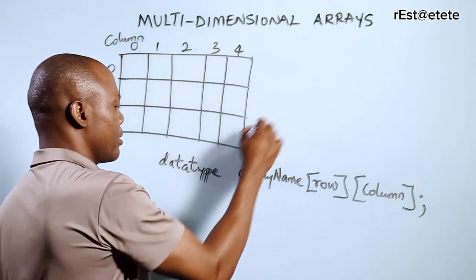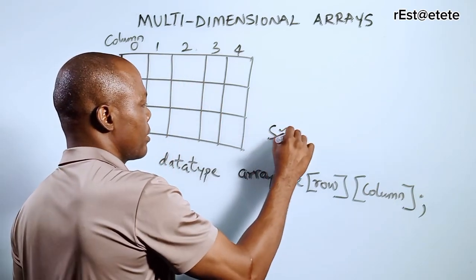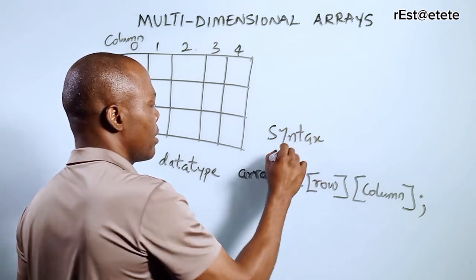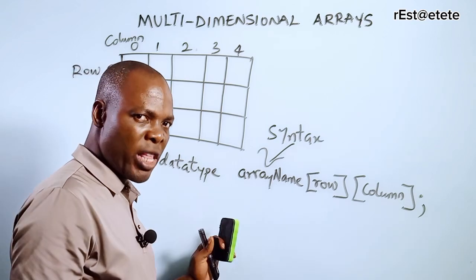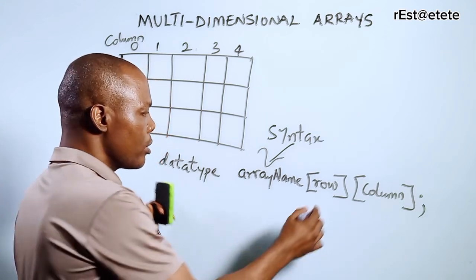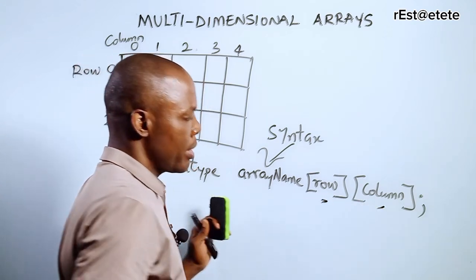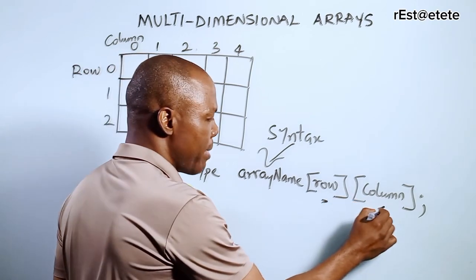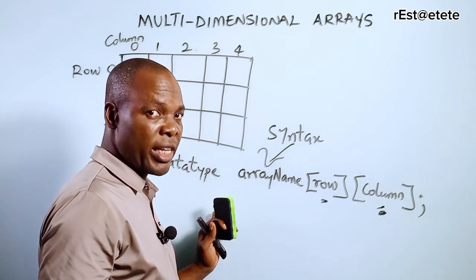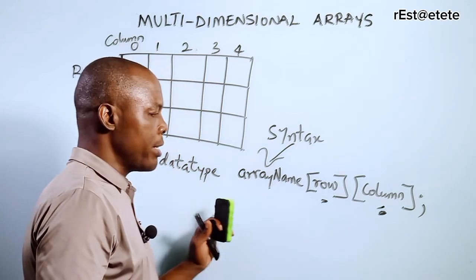This is the syntax. So you have row and then you have column. Now, when you declare a two-dimensional array, the column is mandatory, and I'm going to explain to you why it is mandatory.